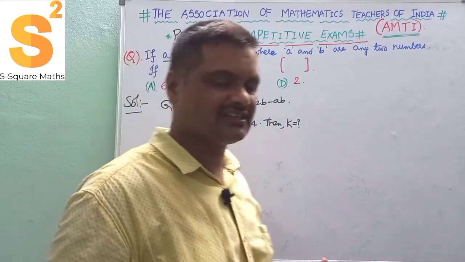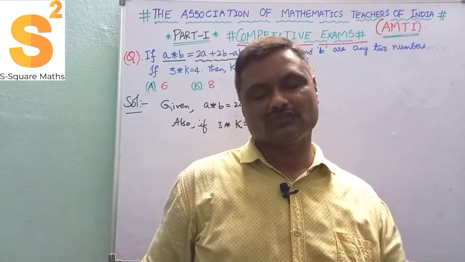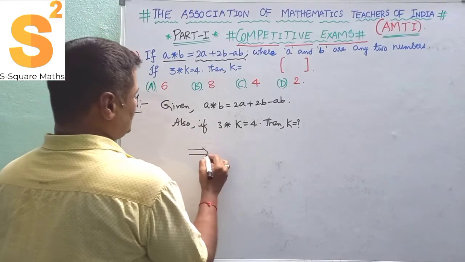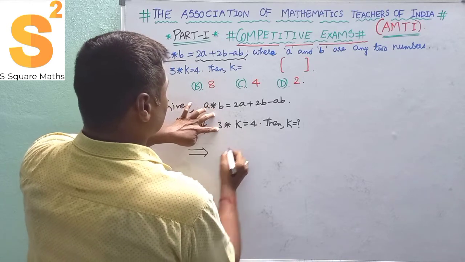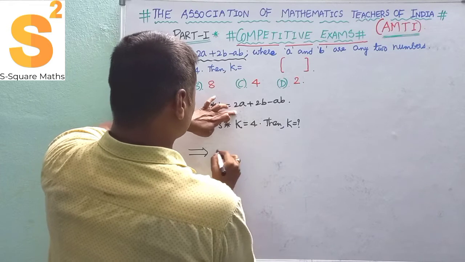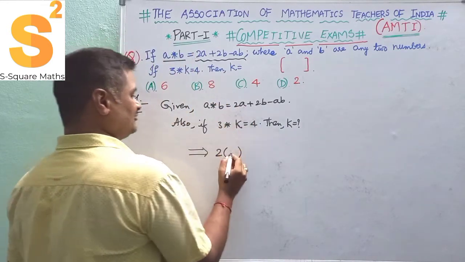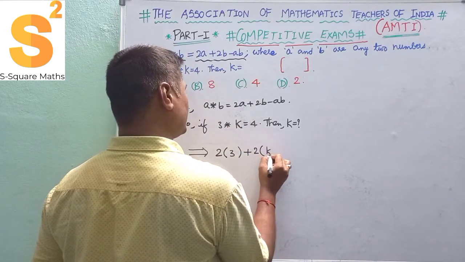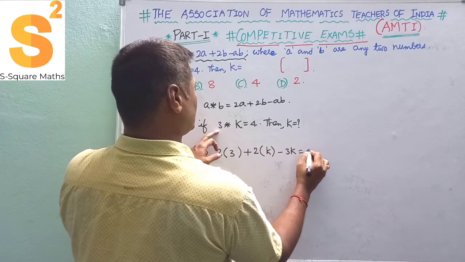Math students, if you are good, just by substitution you can get the value in 20 seconds, but keeping the view here, a is 3 and b is k. So I can write 3 star k is equal to 4. Now 2 into the a value, which is 3, plus 2 into the b value, which is k, minus ab, 3 into k, is equal to 4.